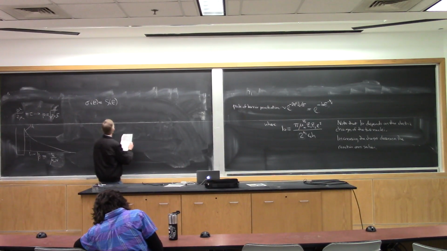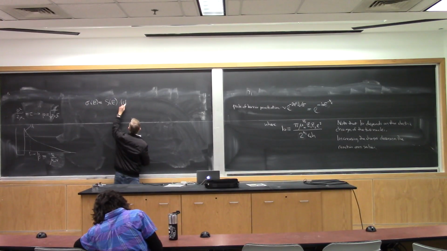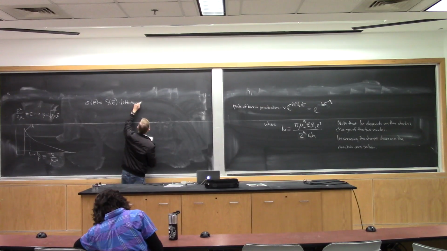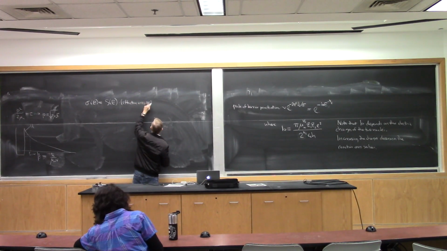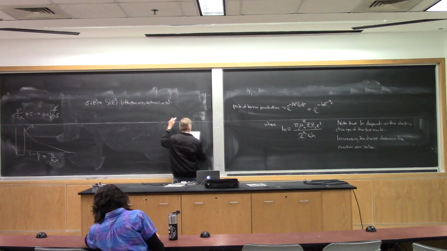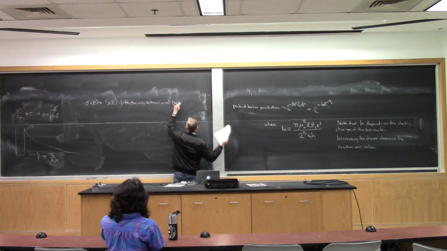Remember that from last time. Times the effective cross-sectional area times the probability of barrier penetration, which is what we were just talking about here.